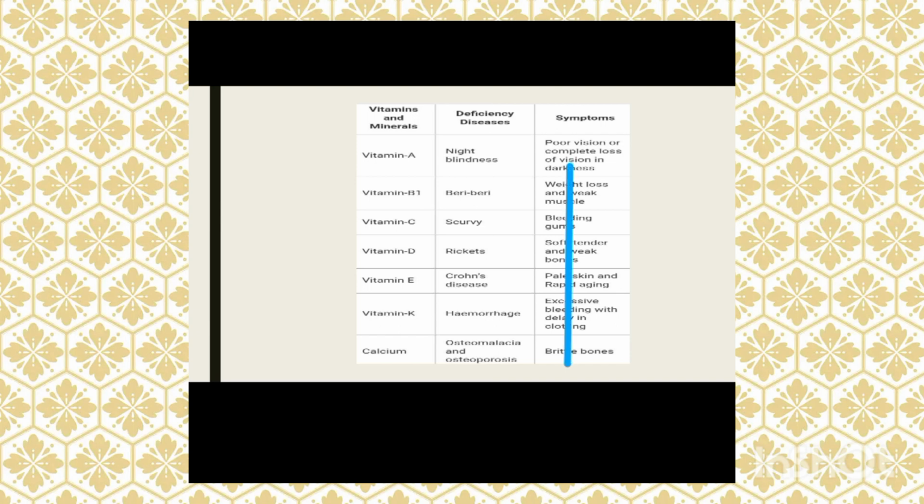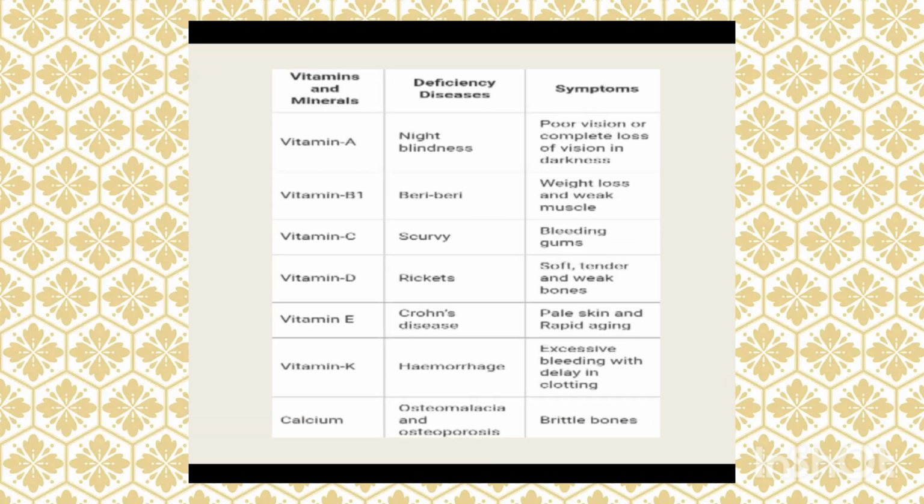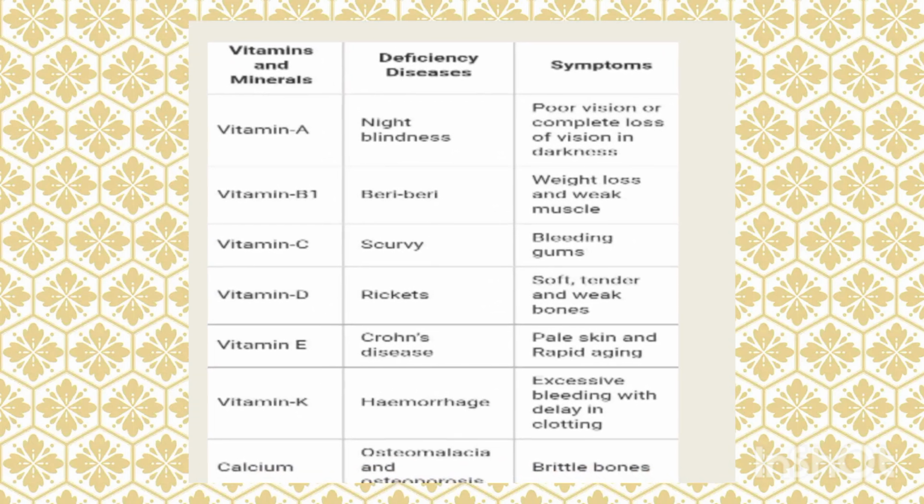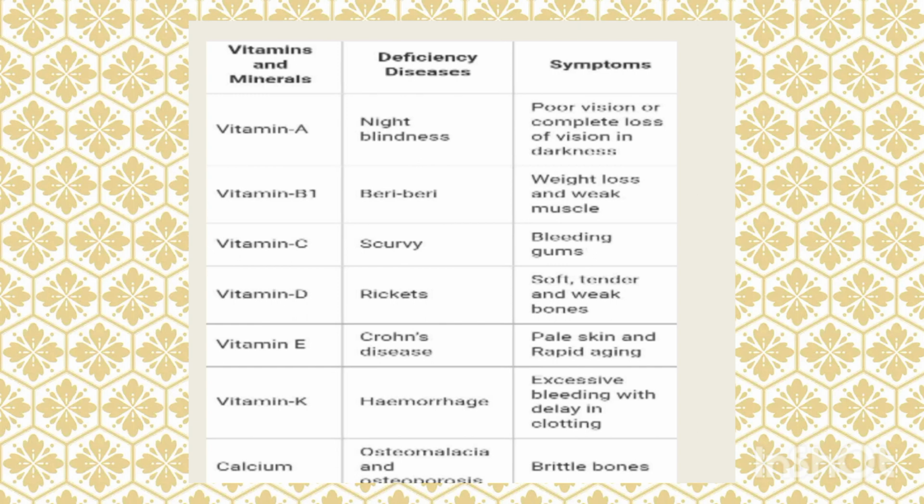So let's get going. By the deficiency of vitamin A, you get night blindness, and its symptom is poor vision or complete loss of vision in darkness. When it comes to vitamin B1, its deficiency causes the disease known as beriberi, which has the symptom of weight loss and weak muscle.